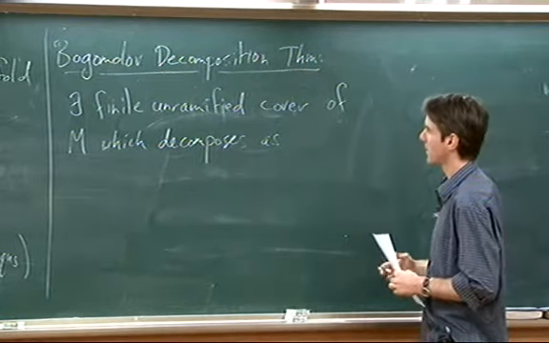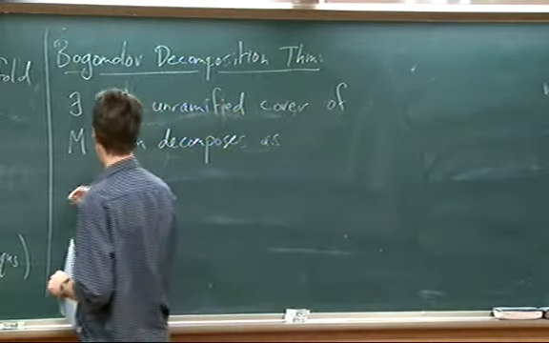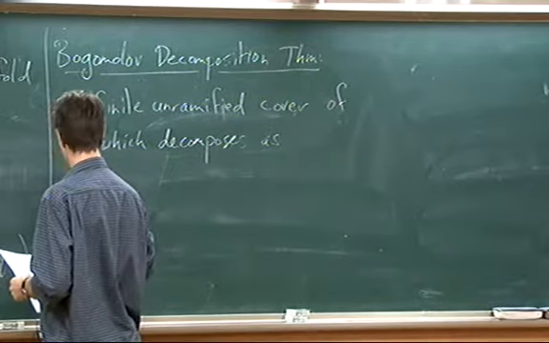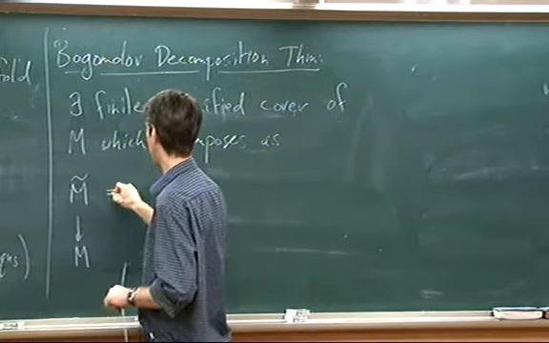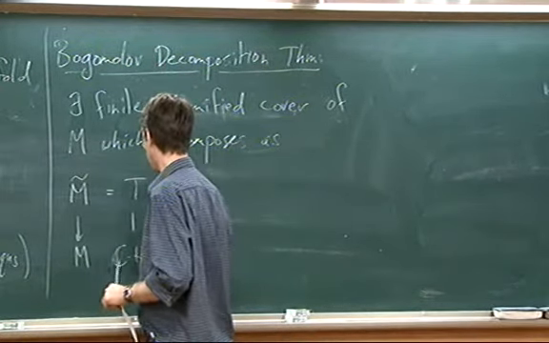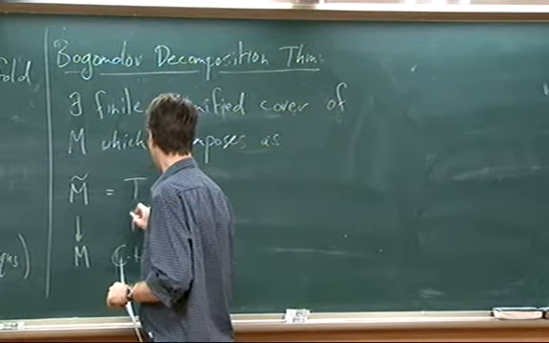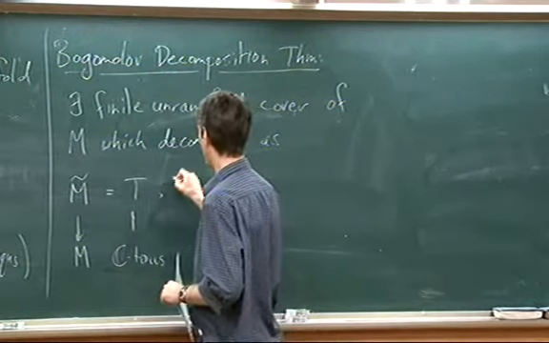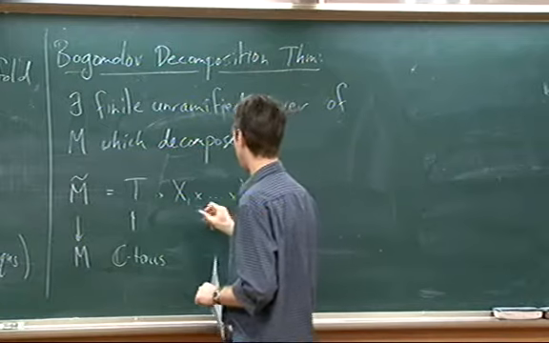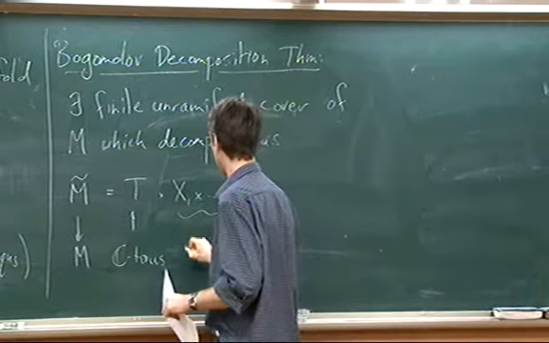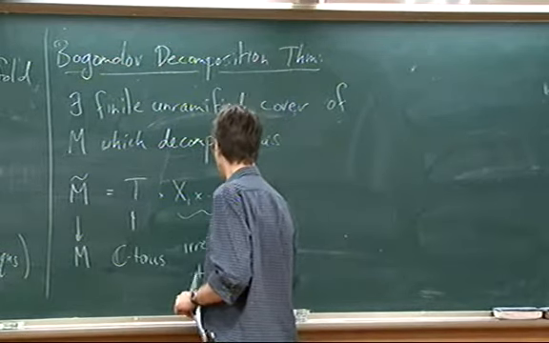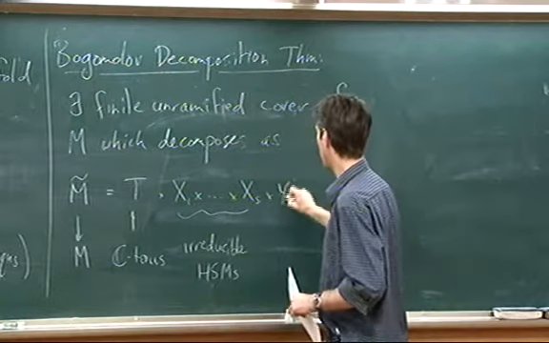And it says there's a finite unramified cover of M, let's call it M tilde, which decomposes into a product of a flat torus, so this would be a complex torus, then irreducible holomorphic symplectic manifolds, which I'll define shortly, and then Calabi-Yau manifolds.